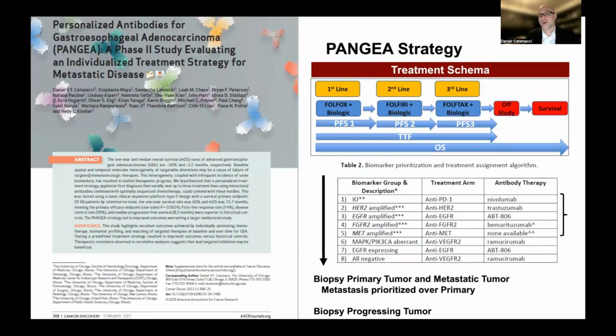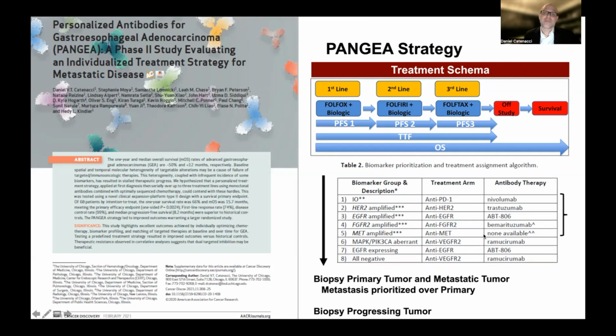So this is the overall design of the study, and the primary endpoint was to evaluate the overall survival of the patients treated with this Pangea strategy. Something notable was that because we had to obtain therapies for each of these specific biomarker groups, there were some groups for which it was not possible to obtain collaboration with a pharmaceutical company to get access to those drugs.